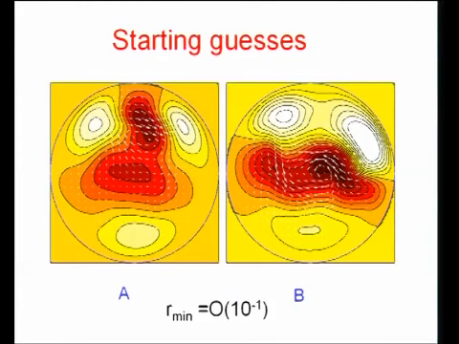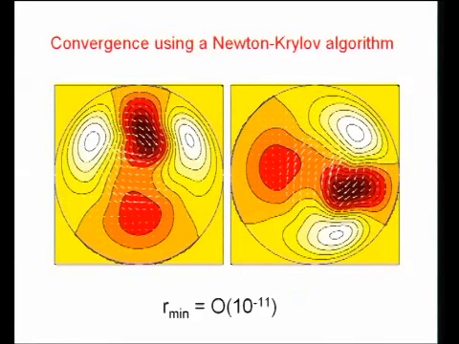So for example, these two states A and B along the trajectory look like this, and R mean is of the order 0.1. By applying this Newton-Krylov algorithm, we managed to converge to states which are rather close to these ones, which are indeed characterized by R mean equal, technically, to 0. And so what are these states?